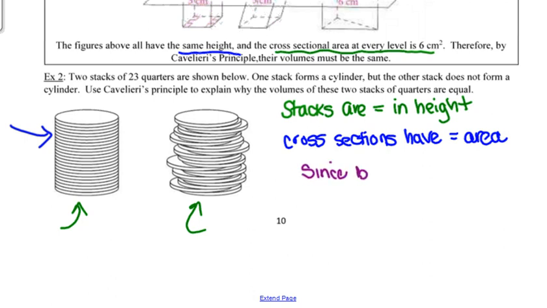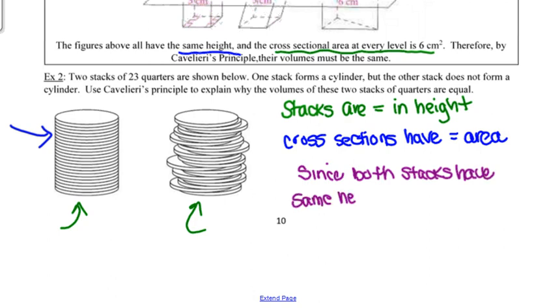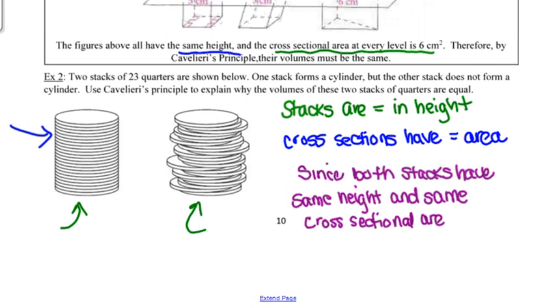So since both stacks have the same height, and the same cross-sectional area, and it really is the same cross-sectional area at every level, they must have equal volumes.